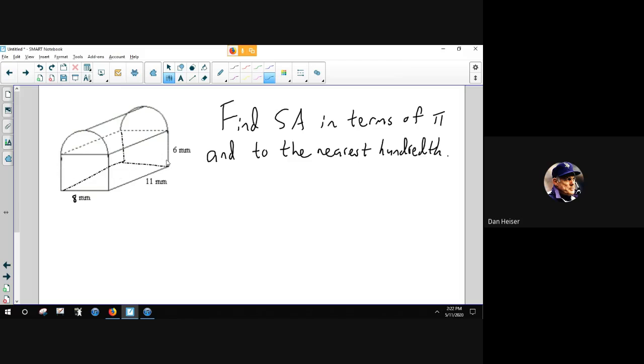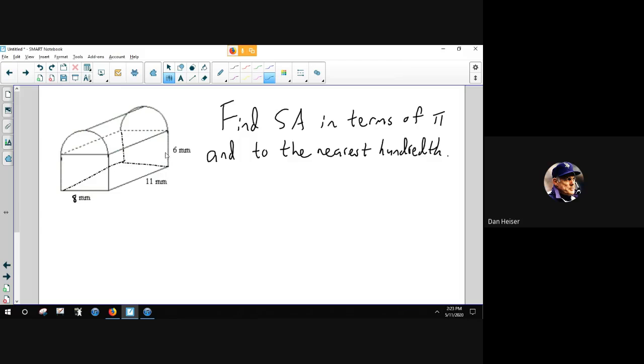So let's start with the prism. If we are going to dunk this in a large vat of paint, we're looking for all the polygons that get covered with paint. So underneath here, this floor on the bottom gets covered. This wall gets covered. This wall gets covered.